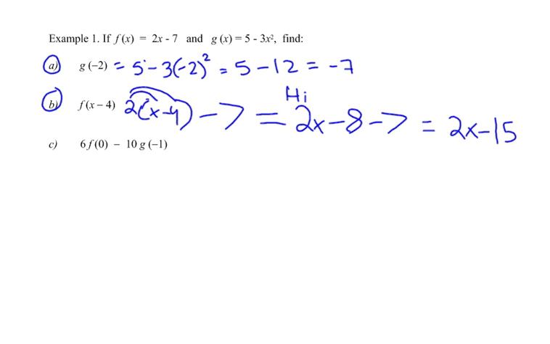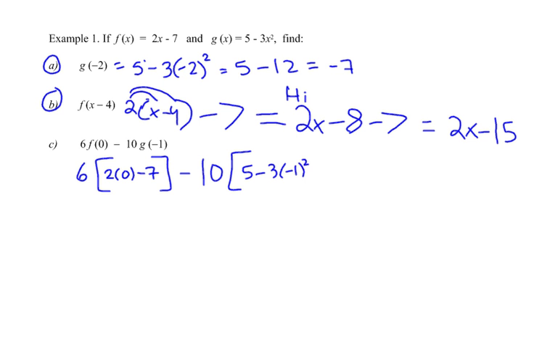Okay, and last one. 6 times f of 0. So let's do this all at once. 6, so f of 0. So you're doing 2 times 0 minus 7, negative 7. I'm just going to write it out. Minus 10 times g of negative 1. So 5 minus 3 times negative 1 squared.